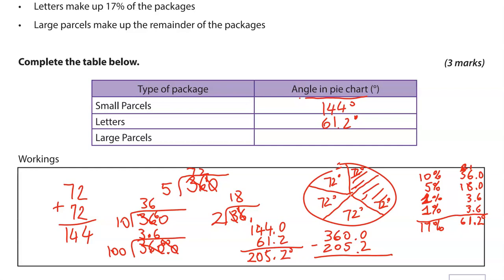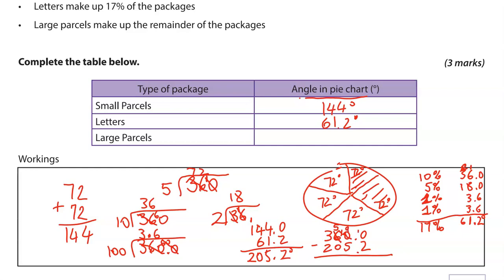So we need to take away 2 from the 0, but we can't, so we've got to look at borrowing. Can we borrow from the 0 here? No, we can't. So that means we've got to borrow 1 from the 6. So this becomes 10 now. Now I can borrow 1 from the 10.